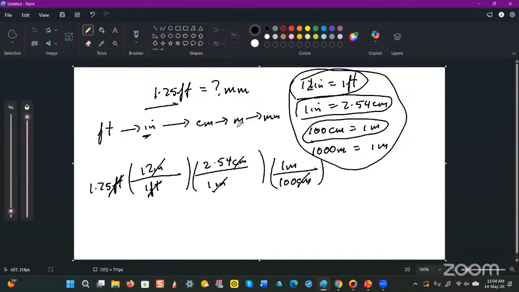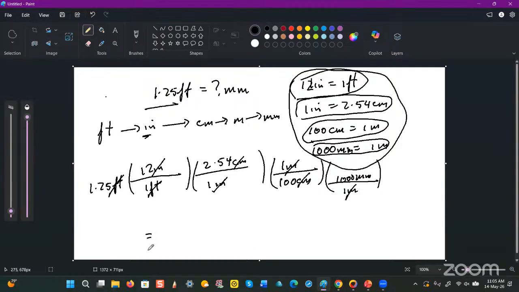And then now, to get from meters to millimeters, we're now going to use this relationship, right? So down here, I'm going to put 1 meter, and above, I'm going to put 1,000 millimeters. And by the way, this should be millimeters here, right? So this will cancel out with that, and that's it, right?